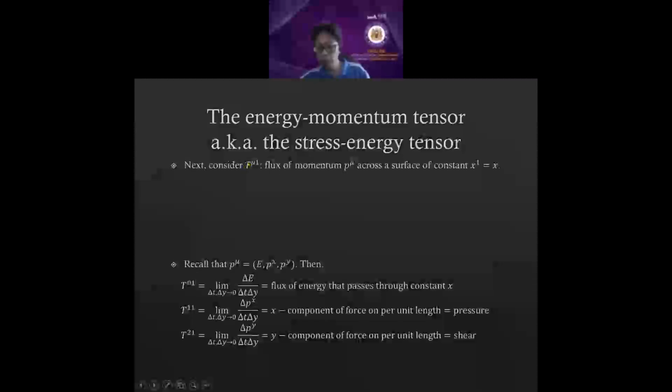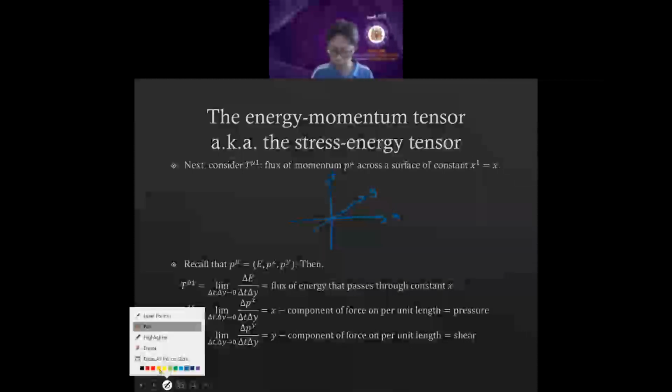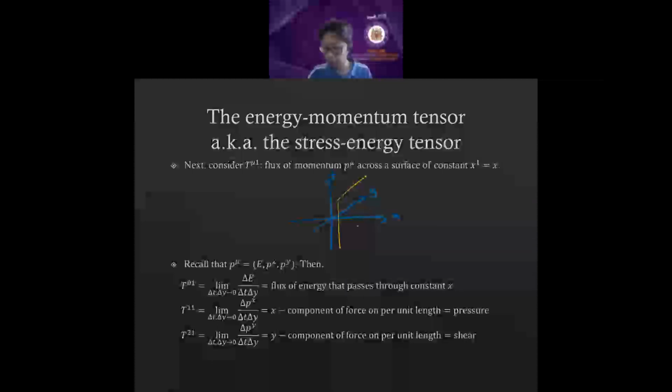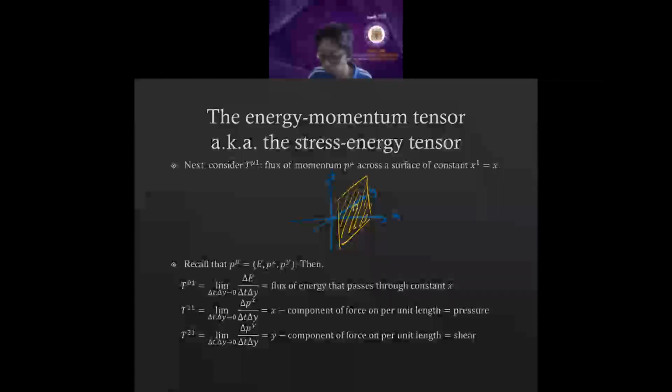Now we can do the same thing with the T^{μ1} component. But this time, instead of a constant T, we need to consider a constant X. So let's say we consider this surface over here, and we can consider this point, for example.